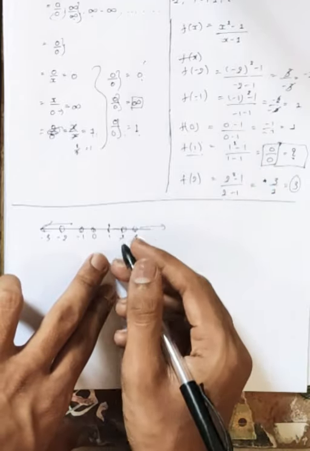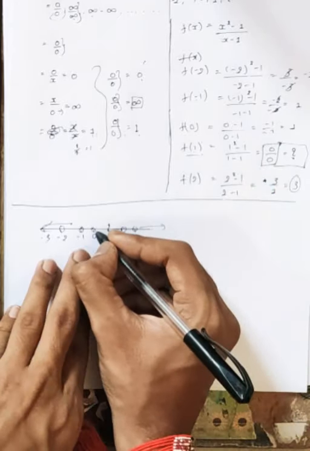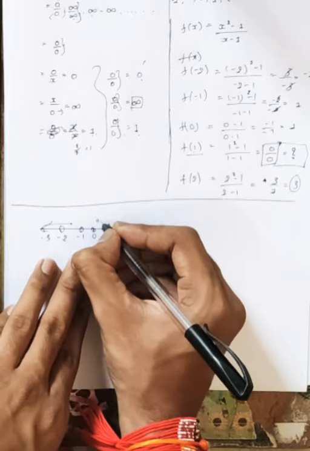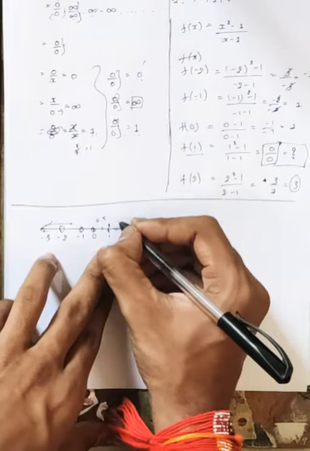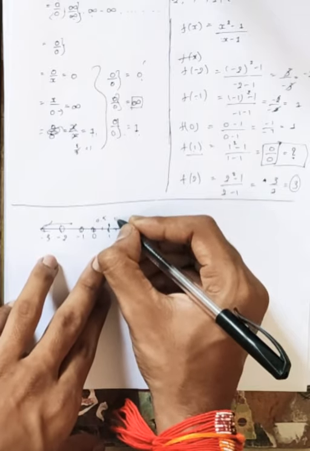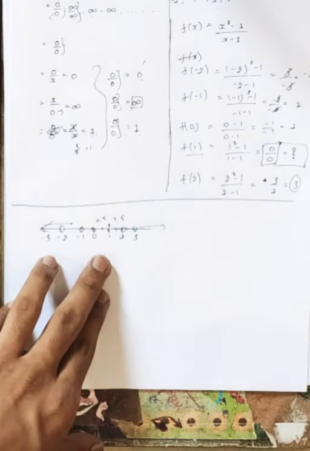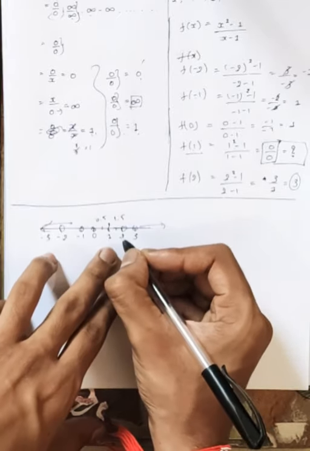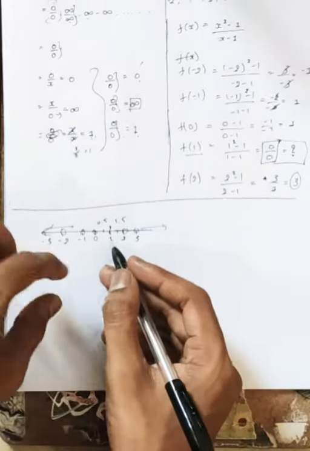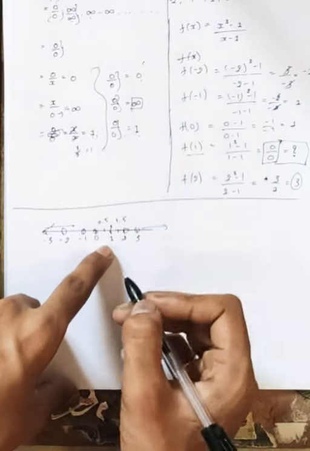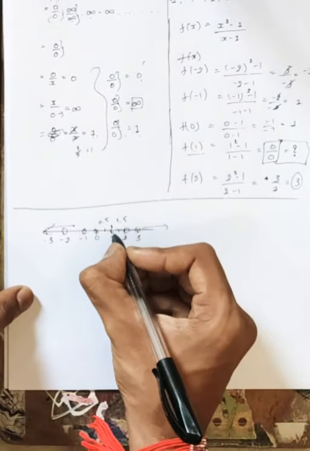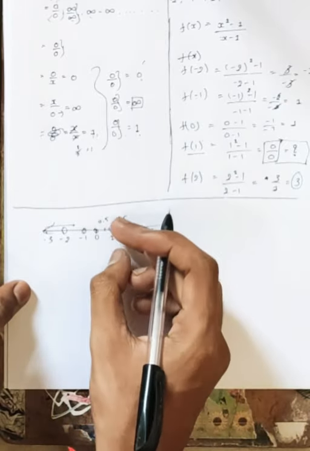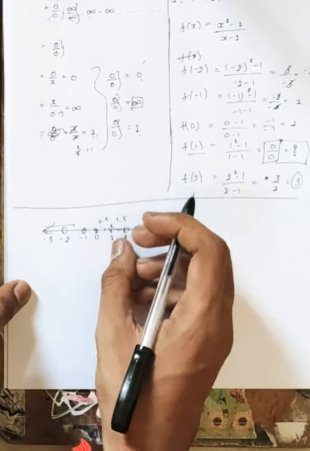Okay, so what they thought is, if it is giving for 0 and 2, then it can also give for 0.5, also for 1.5. Okay, so in this manner, we cannot directly find for 1, so what we will do now is we will check the answer of this function for the values which are near to 1.